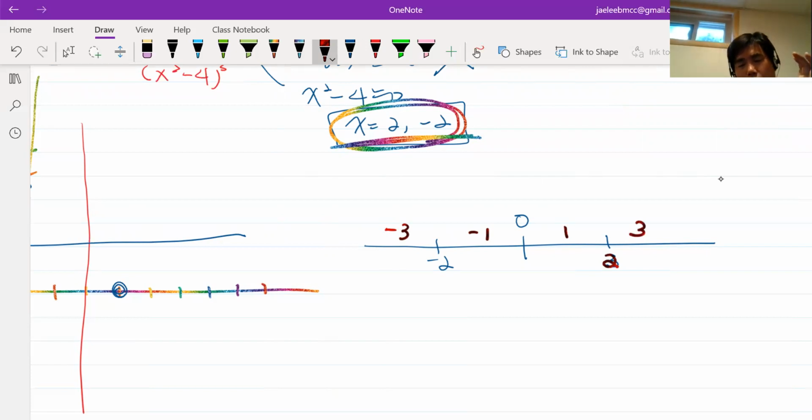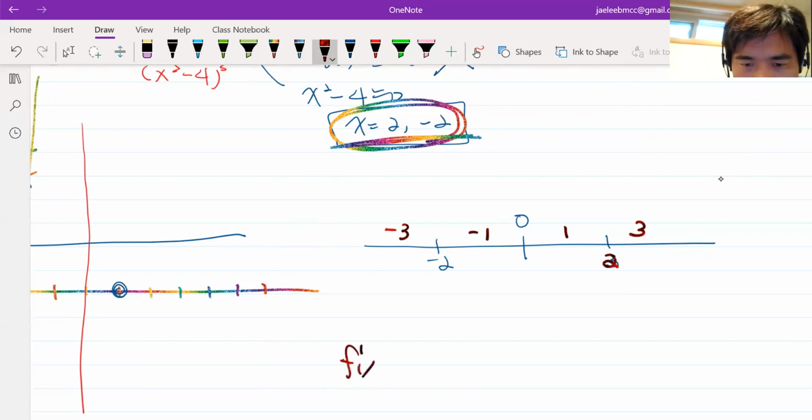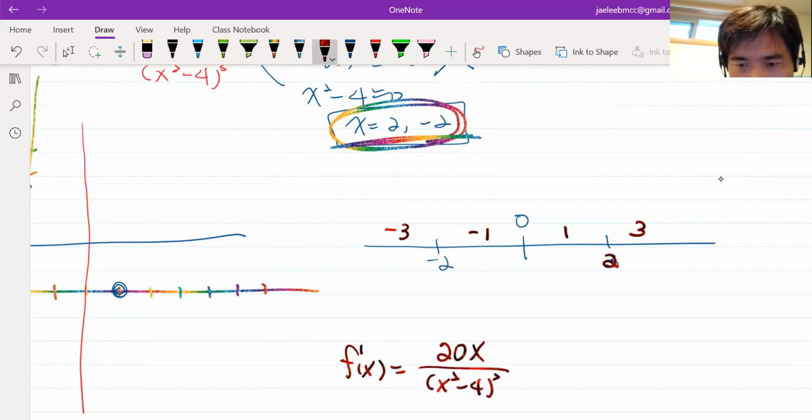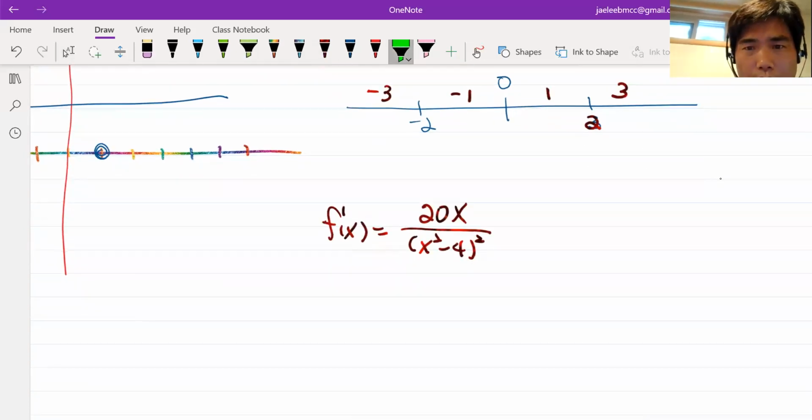Now we want to define the intervals for increasing and decreasing. So which function do you have to plug those values into? The original f(x) or f prime x or f second prime x? Yes, whenever we determine increasing and decreasing intervals, we are using f prime x. So we know f prime x was 20x over (x squared minus 4) squared. Now, when you look at this carefully, the denominator no matter what becomes positive, right?